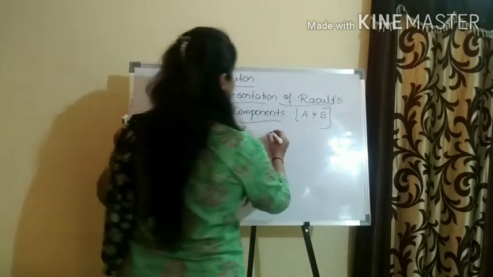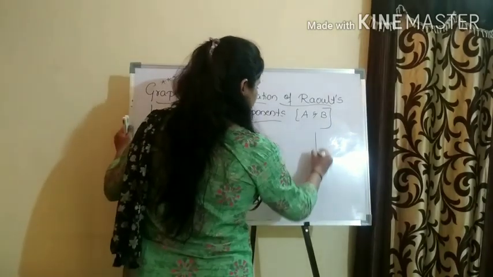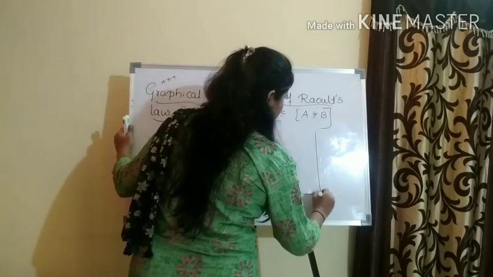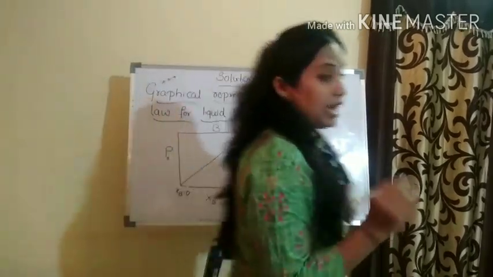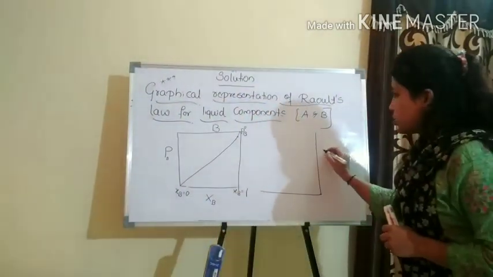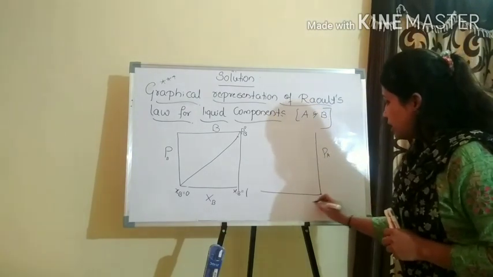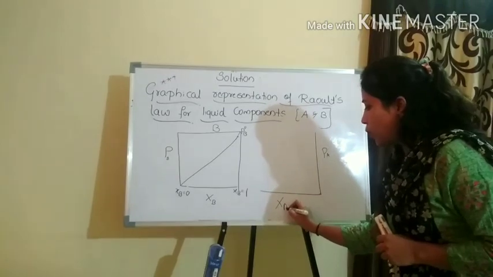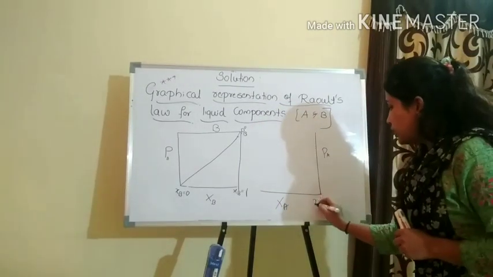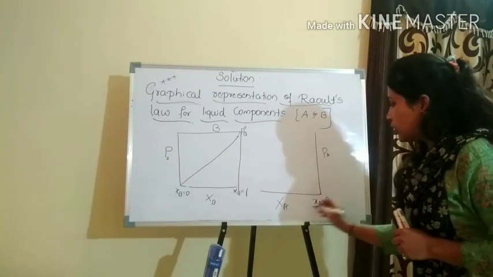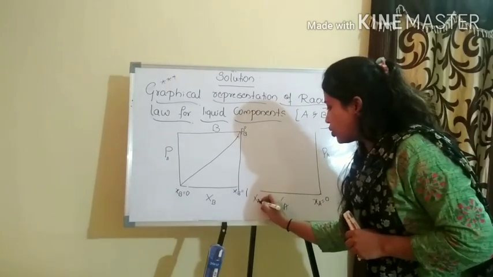Similarly, let us consider the A component. This is again the vapor pressure of A, and here it is the mole fraction of the A component. Initially xA equal to 0, and here xA equal to 1.